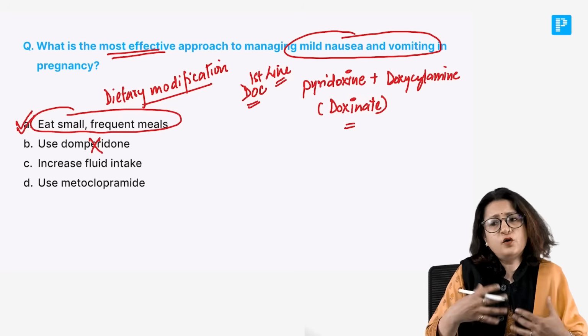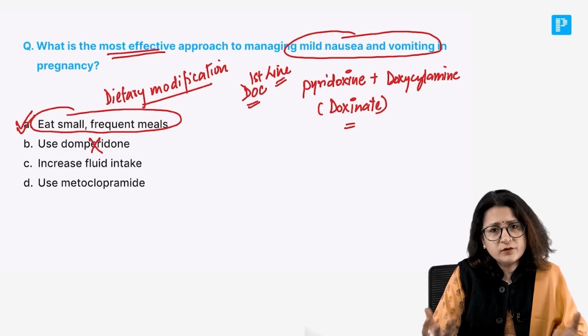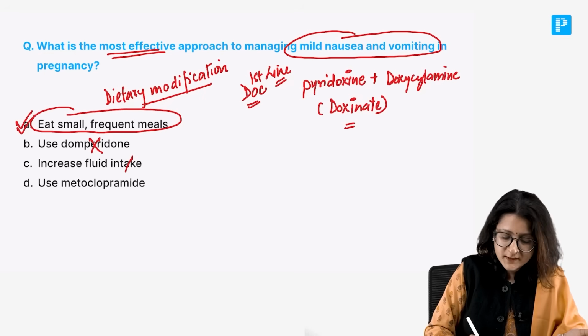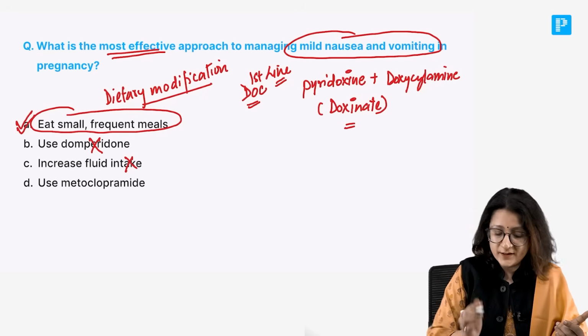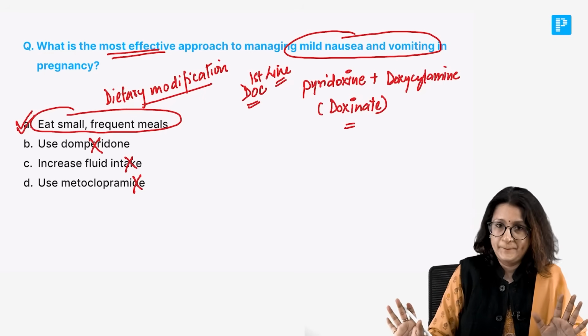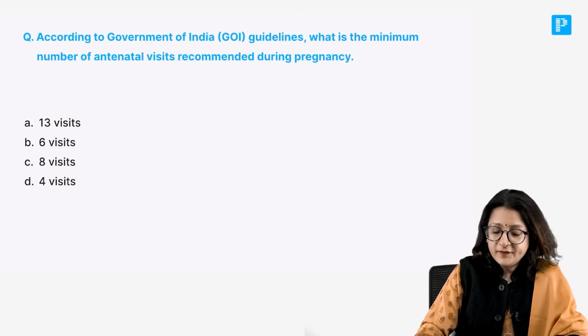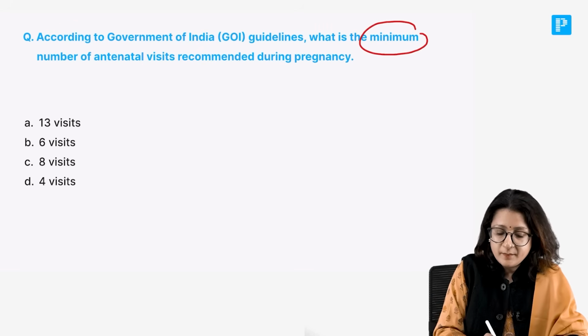Fluid intake advice is obviously given to the pregnant woman, right? But that is not going to relieve her nausea or vomiting. Drugs like metoclopramide and ondansetron can be used, but only if the first line treatment strategies are not working.